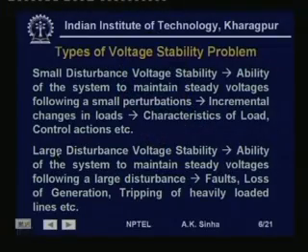Now, let us take the large disturbance voltage stability. Again, this is the ability of the system to maintain steady voltages following large disturbances. What is this large disturbance we are talking about? We have already seen earlier, we talk of large disturbances, that is, disturbances which create very large change in power flow pattern, such as faults or tripping of transmission lines or tripping of generators.